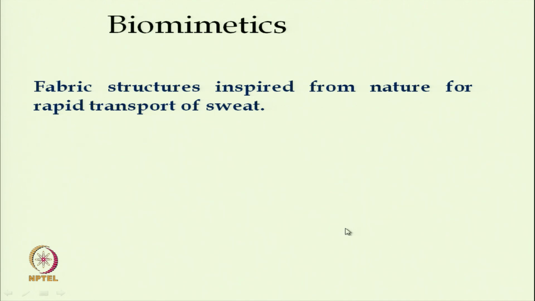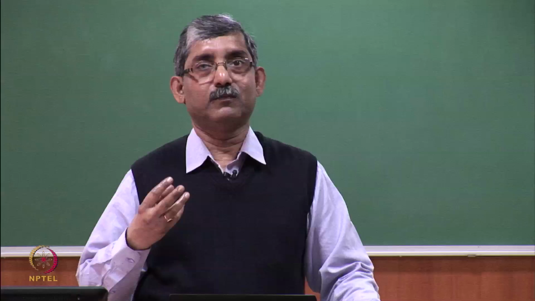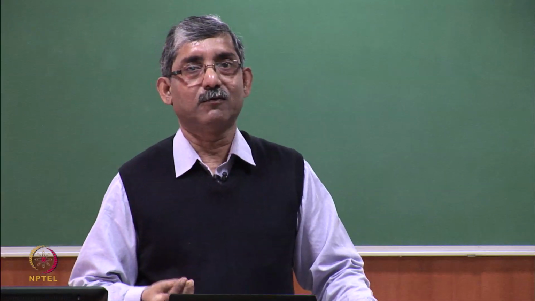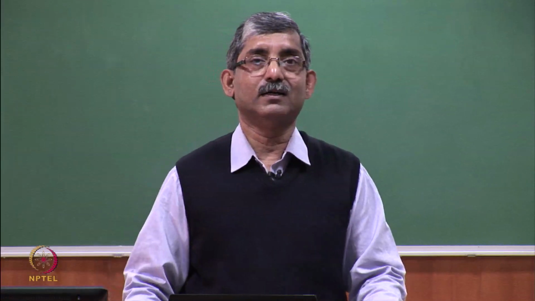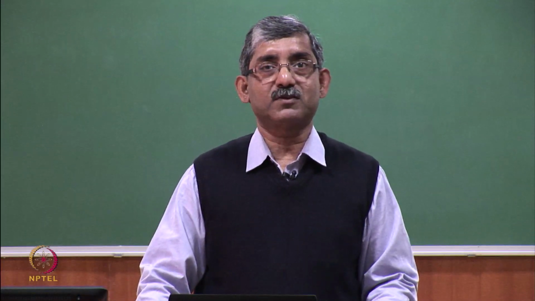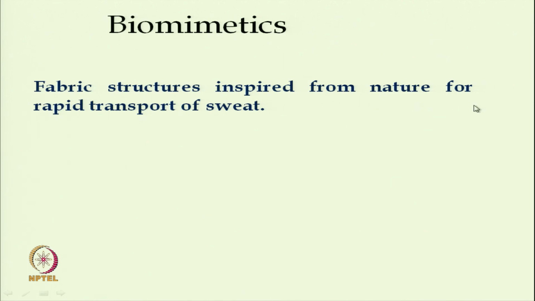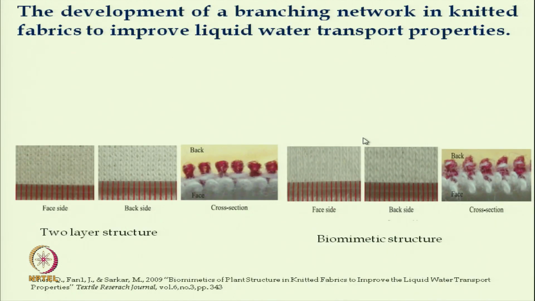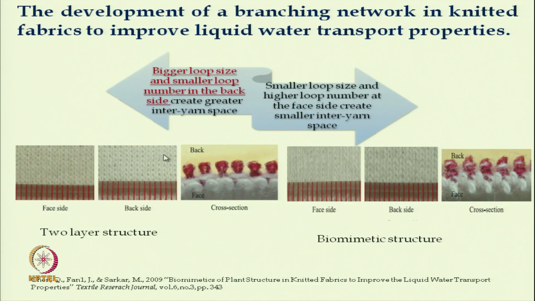Biomimetics is also used in sports textiles, where the pore size of different layers is controlled. So, this is a fabric structure inspired from nature for rapid transmission of sweat. These are the structures where bigger loops and smaller loops are created at different layers.